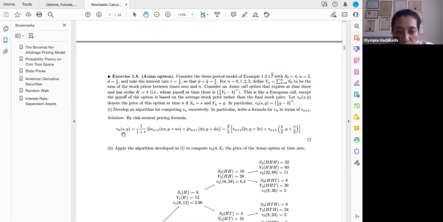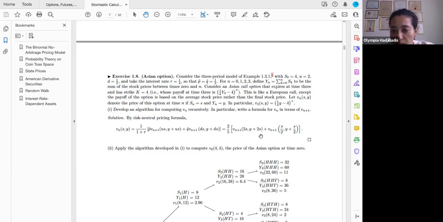You can do that because Vn(s,y) is going to be 1 over 1 + r, p̃ V_{n+1}(us, y + us) if the stock goes up. If the sum is y at time n, the sum will be y + us at time n+1 if the stock goes up, and it will be y + ds if the stock goes down. So plus q̃ V_{n+1}(ds, y + ds).